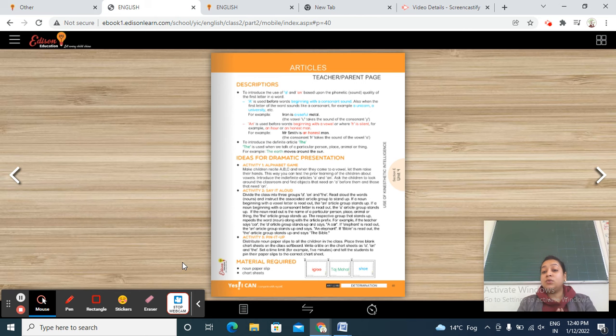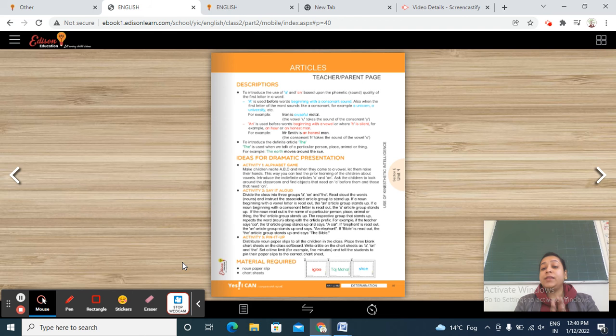In this unit we are going to learn the rule of a, the rule of an, and the rule of the. According to those rules, we put a, an and the.